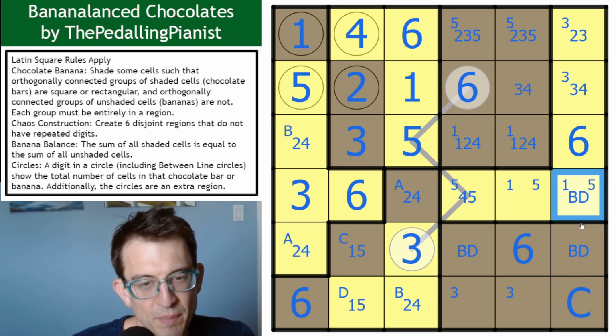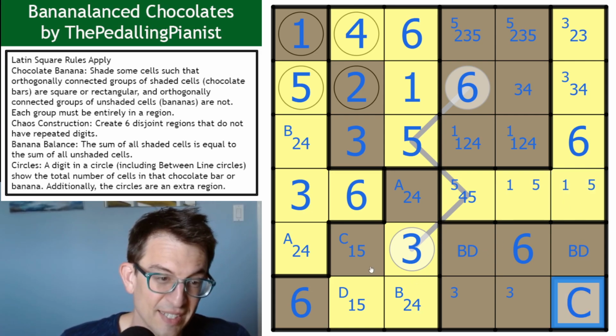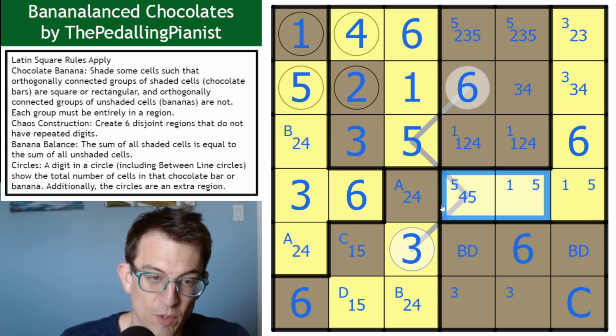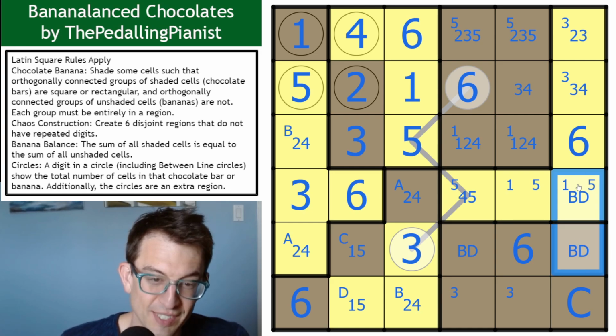Yeah, this is a BD pair. If it's not D, then it's not C and it's not D, so it's not 1 or 5, which means my 1, 5 go here. But then I have 1, 5, A, 3, and 6. The only thing left is B. So this is either B or D. So now I have CBD and 6, 6 BCD.